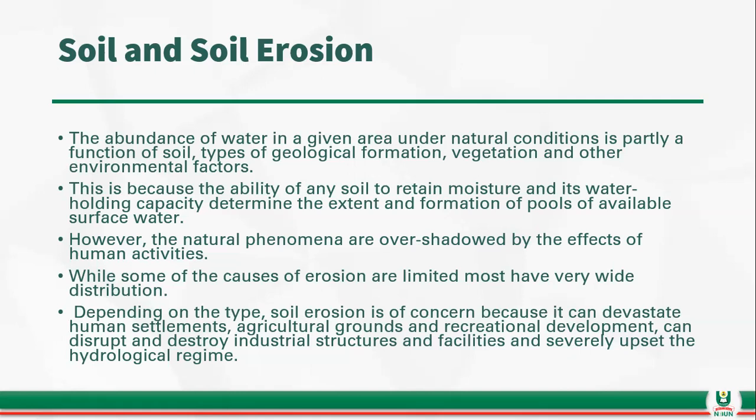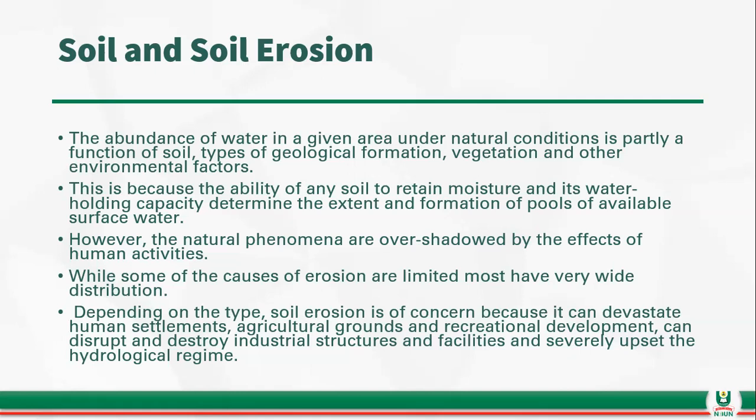However, the natural phenomena are overshadowed by the effect of human activities. Human activities affect a lot of things in our environment with respect to the water or the moisture that attends to the earth, and the effect on the soil in terms of creating erosion and other situations around the soil.